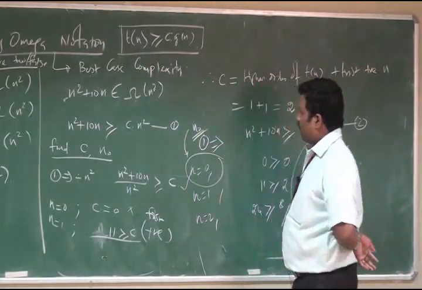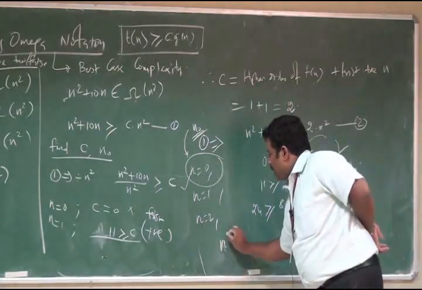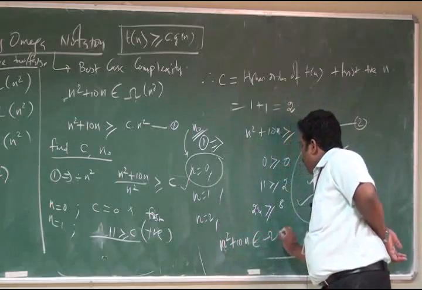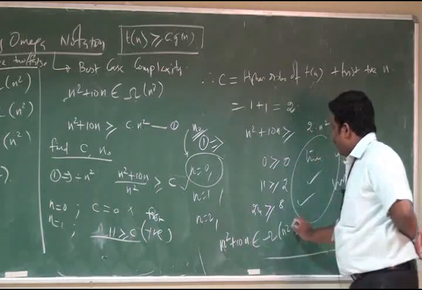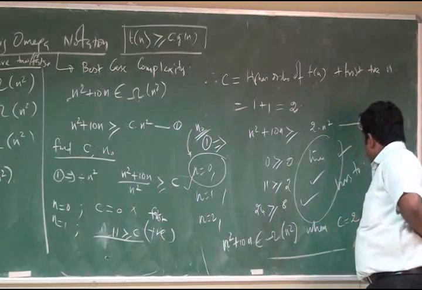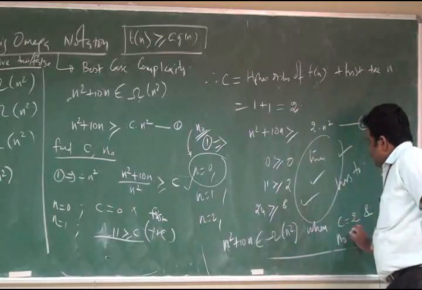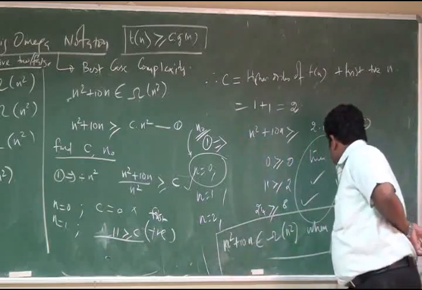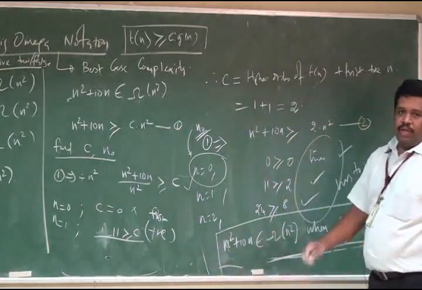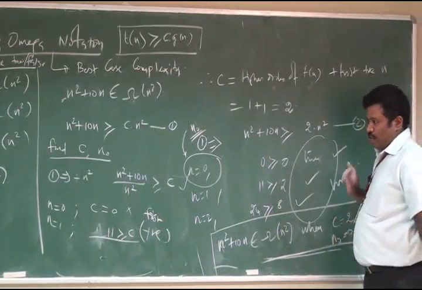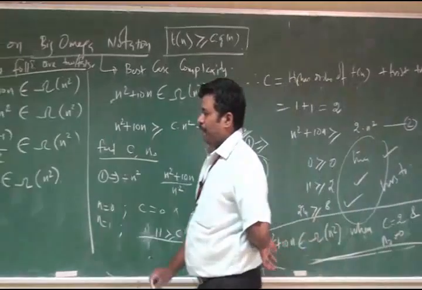Therefore, it is concluded that the given expression n square plus 10n belongs to big omega of n square when C is equivalent to 2 and the non-negative integer n naught is 0. Hence it is proved. Let's see another example.